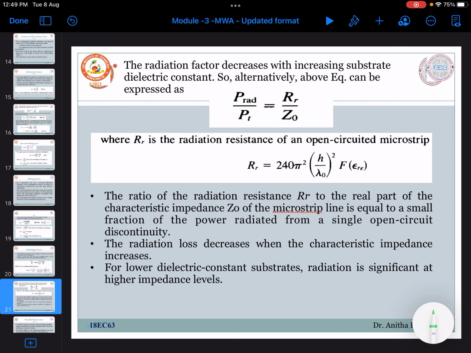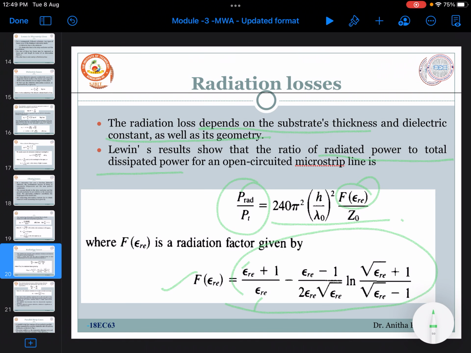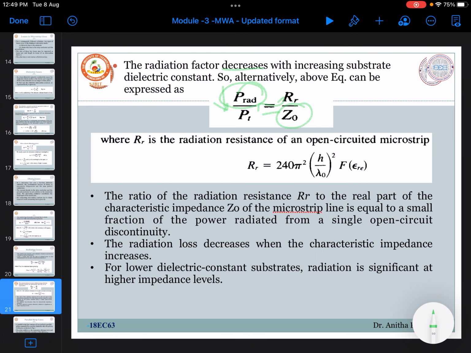You observe here that P radiated to PT is inversely proportional to the characteristic impedance Z0. The radiation factor decreases with increase in substrate dielectric constant. From this formula, you can observe the radiated power effect is inversely proportional to the epsilon r value.